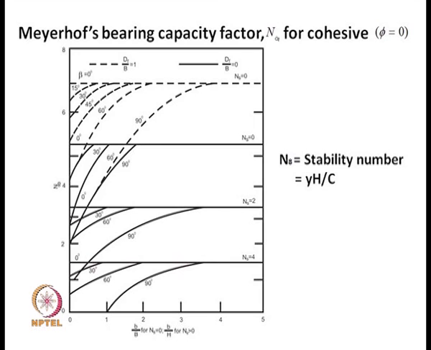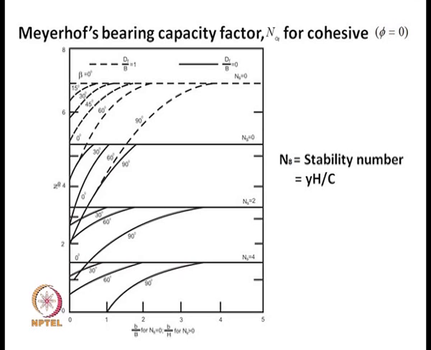Next, if phi is equal to 0, then in this case we have to calculate the stability number. Again, these correspond to different stability numbers, N equal to 0, N equal to 2 and N equal to 4.